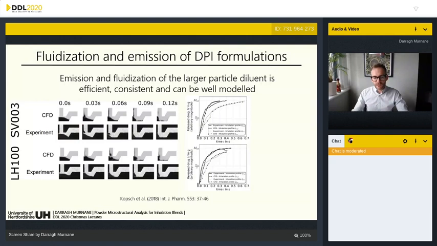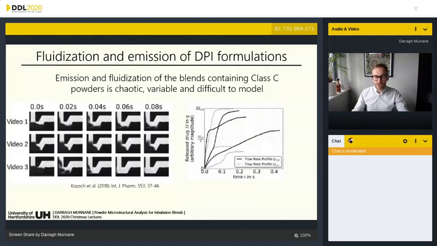And we can see that there's relatively good and efficient emptying of that large lactose powder. We get very good correlation between the CFD and the real life experimentation. So what we can see is that the emission and the fluidization of large particle diluents is efficient, it's consistent, and it's suitable for modeling.